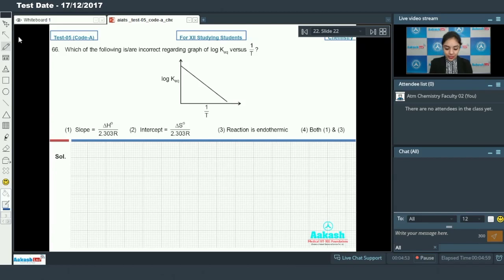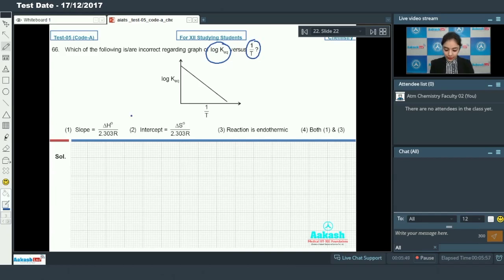Question number 66, which says: which of the following is incorrect regarding the graph of log K equilibrium versus 1 by T. So first of all, we have to find an expression which relates the value of log K equilibrium and the temperature.